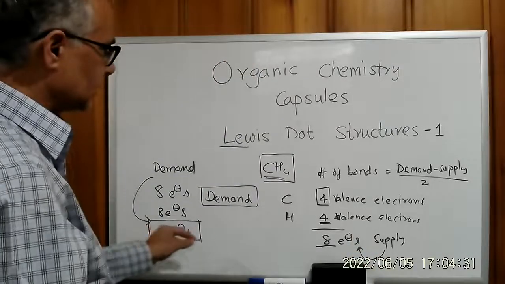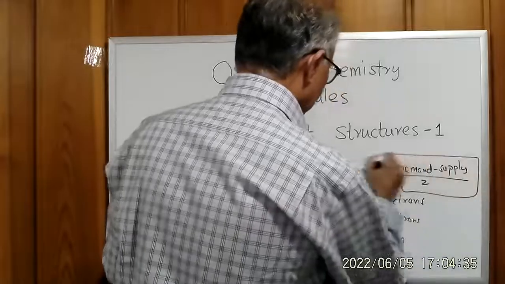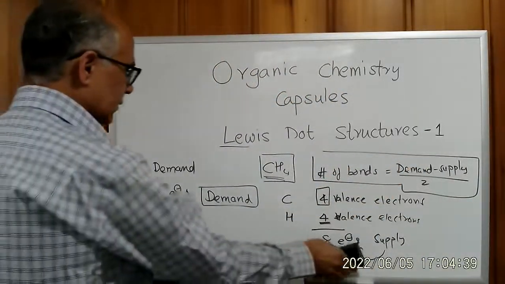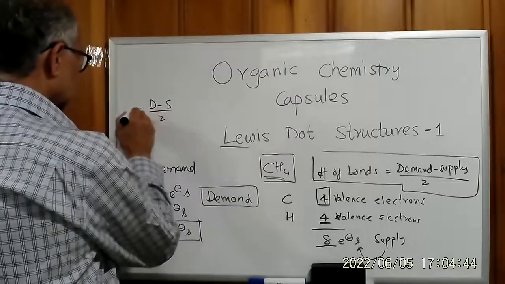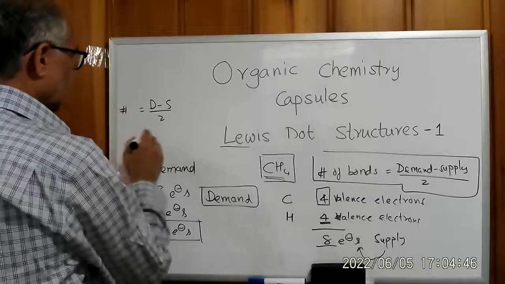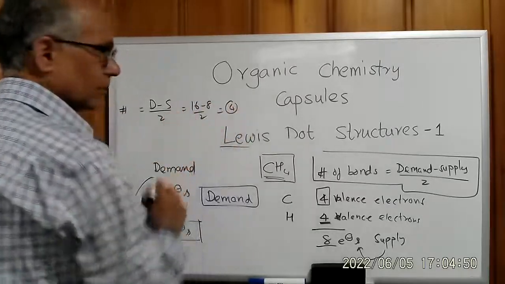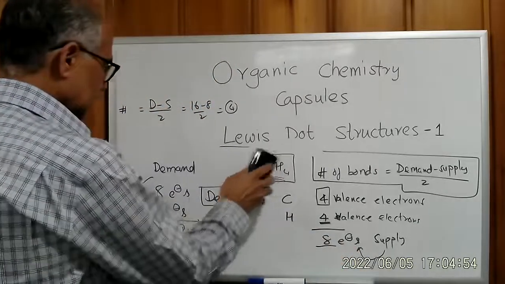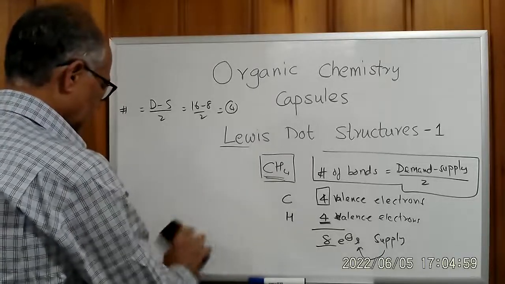Now let's plug these numbers into this equation. Number of bonds equals demand minus supply, divided by 2. So 16 minus 8, divided by 2, is 4 bonds. We have established that CH4 will have 4 bonds.